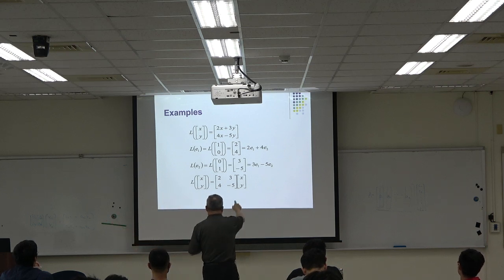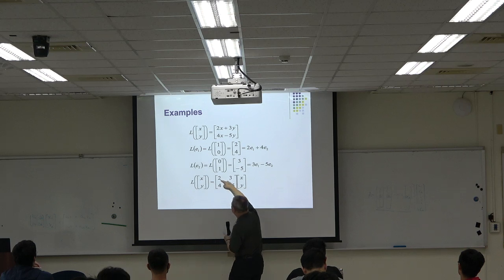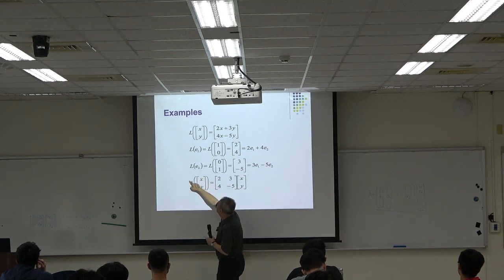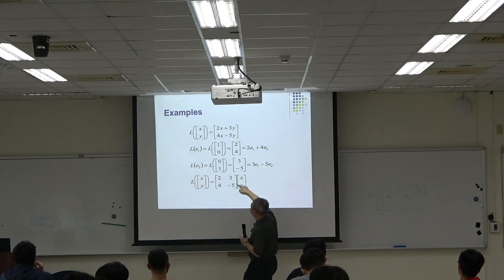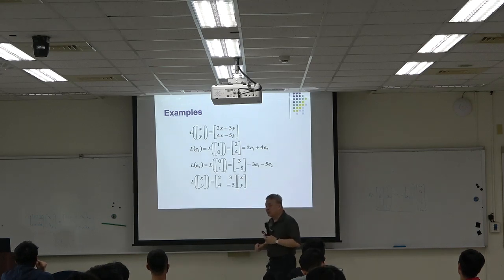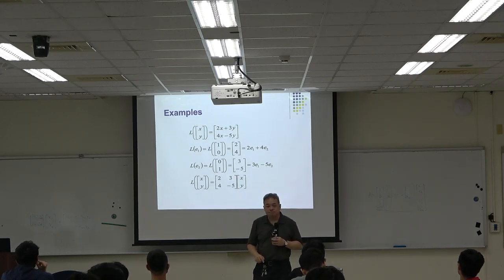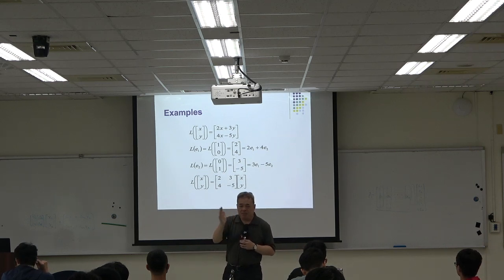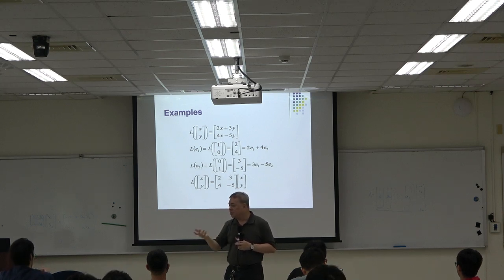So we put (2,4) as the first column and (3,-5) as the second column. This linear transformation can be represented as this matrix multiplied by (x,y). In this particular example, B1 and B2 are the same, the standard basis for R squared.